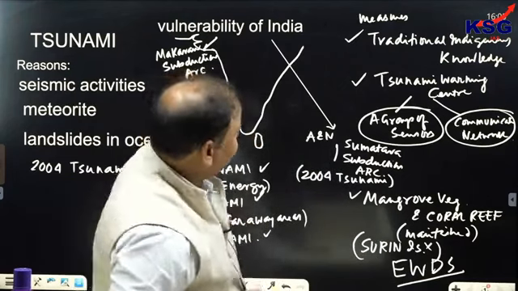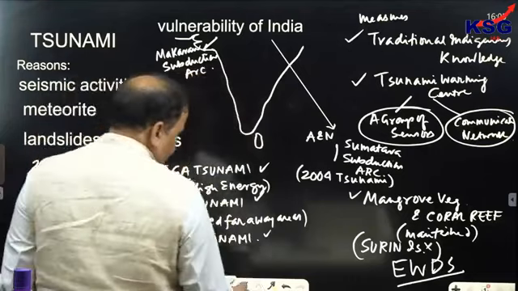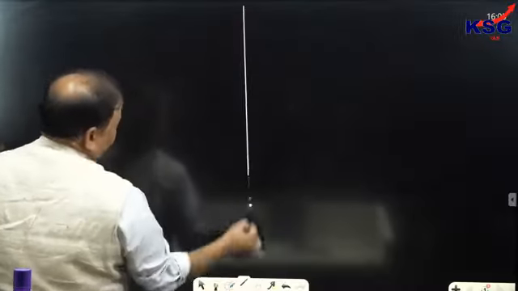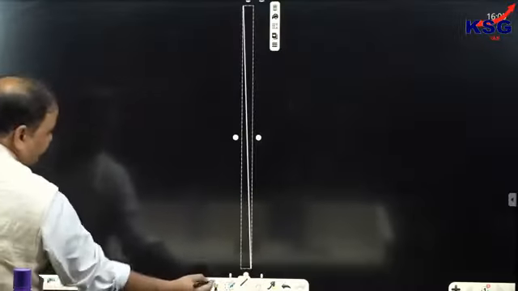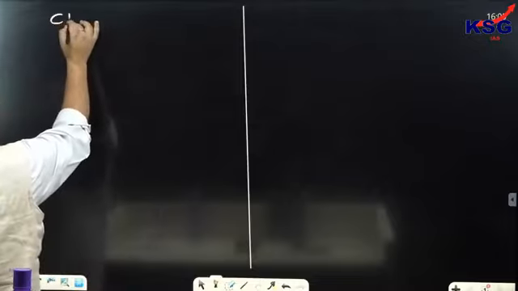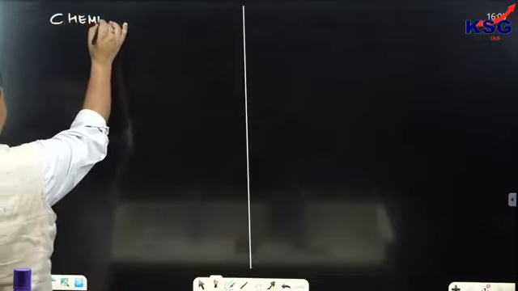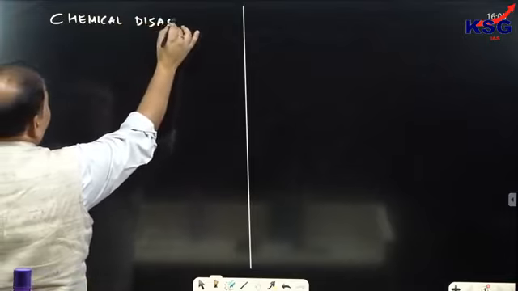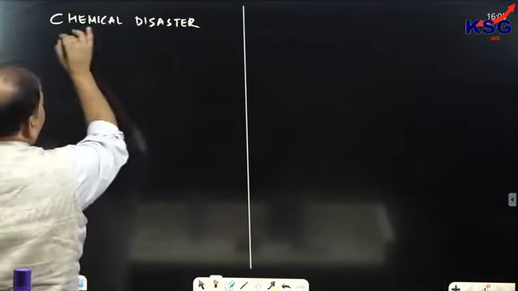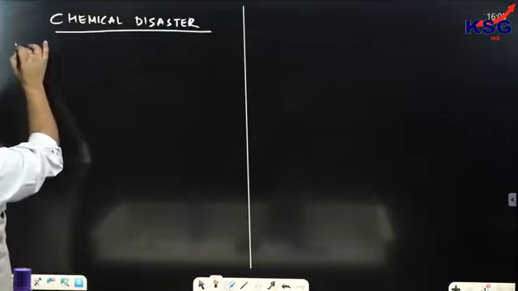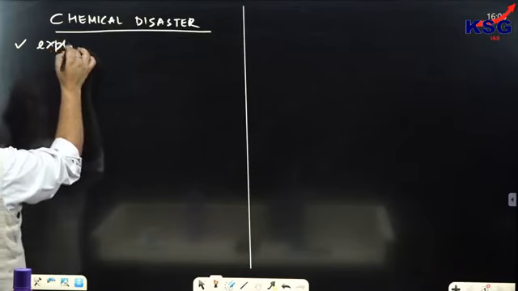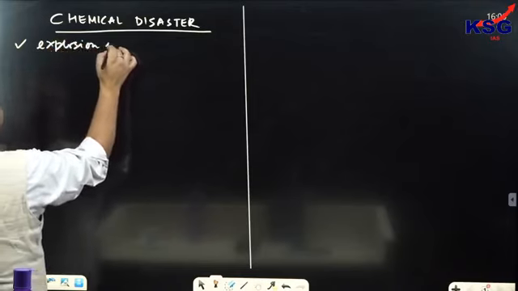And then we can see that as far as chemical and nuclear disaster is concerned, if suppose we talk about chemical disaster, chemical disaster mainly takes place due to explosion in the plant.